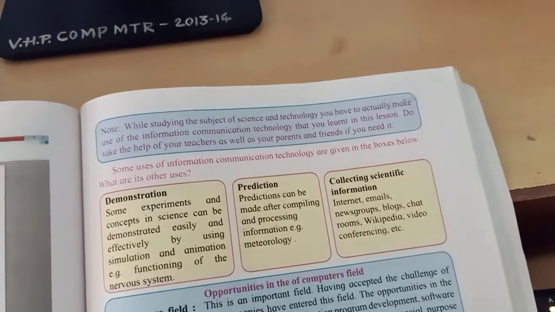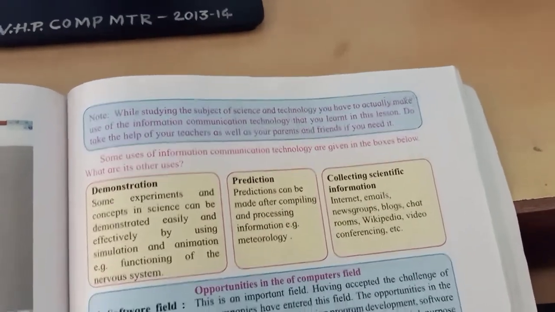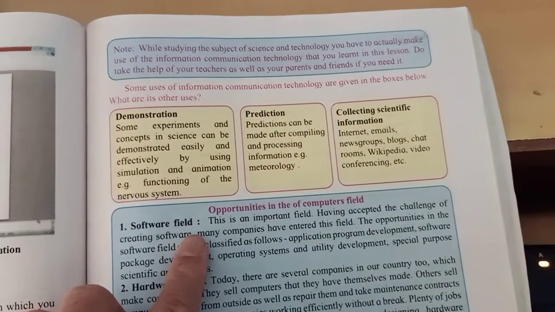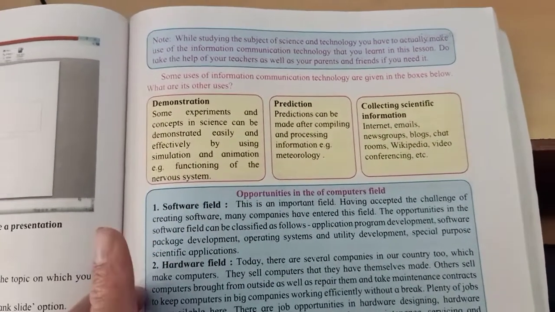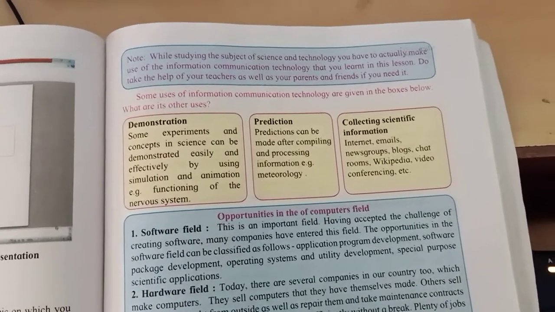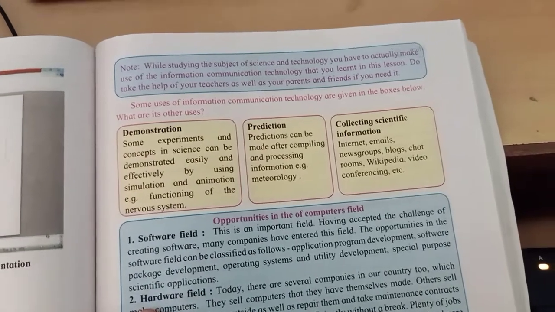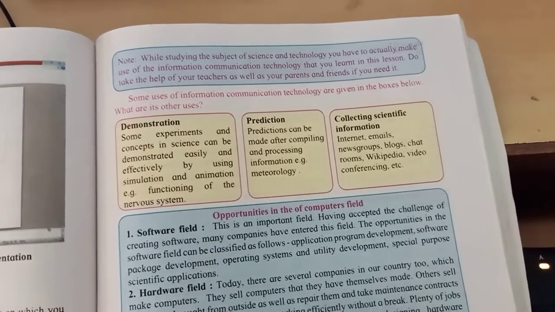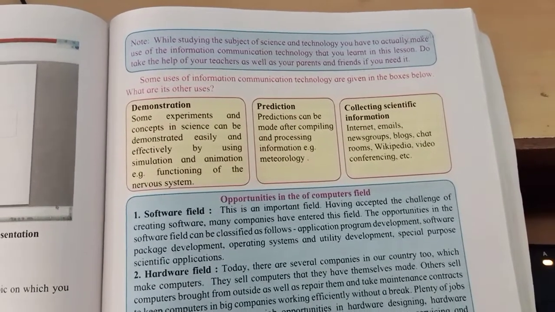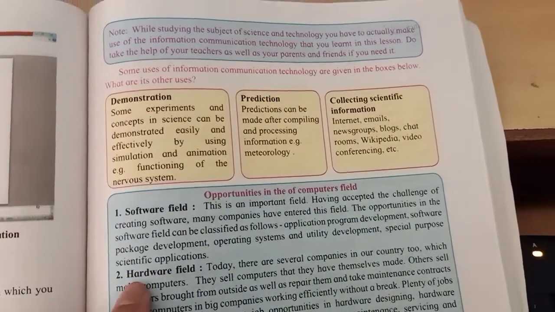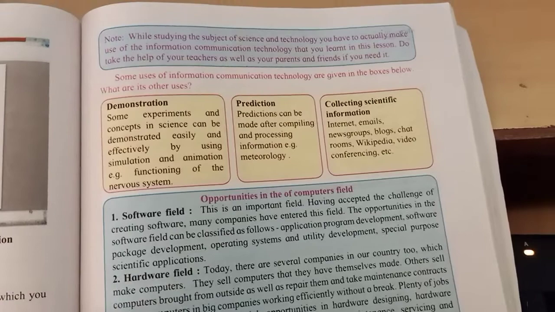There are opportunities in the computer field for jobs. In the software field, you can work as a software engineer, as well as repairers, electricians. In the hardware field, there also the mechanical part is repaired and replaced by the engineers. So in the hardware field there are opportunities.